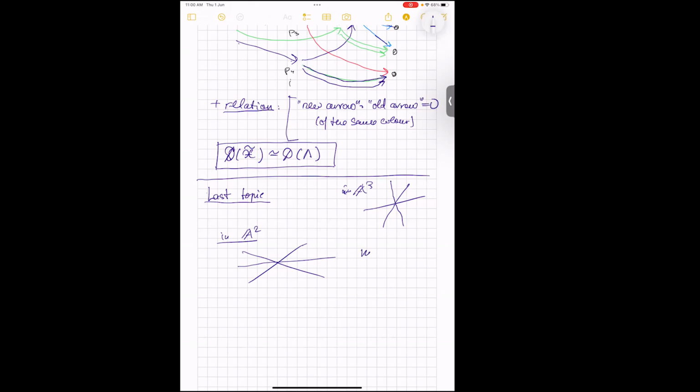It is not Bäckström, but it is Gorenstein, as any planar curve.